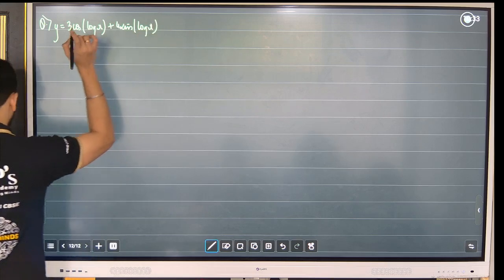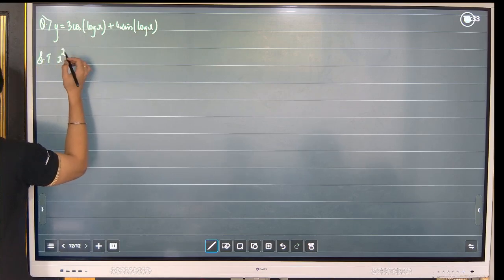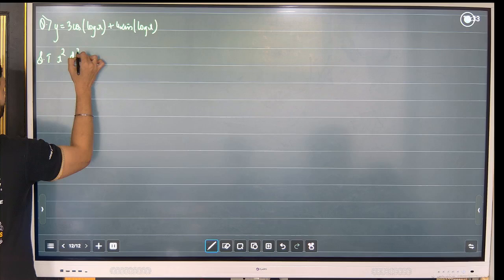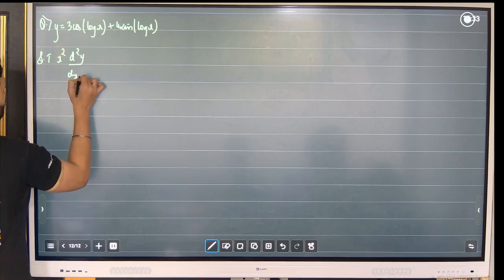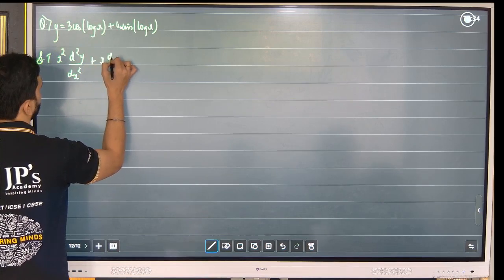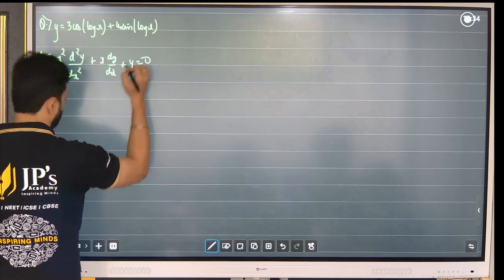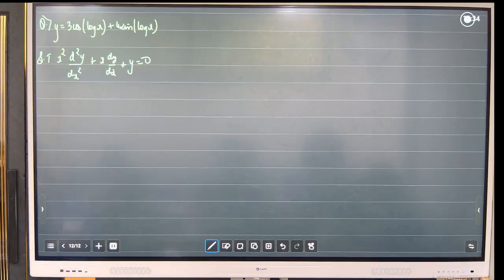Double differentiation. Show that x square d square y by dx square plus x dy by dx plus y is equal to 0.